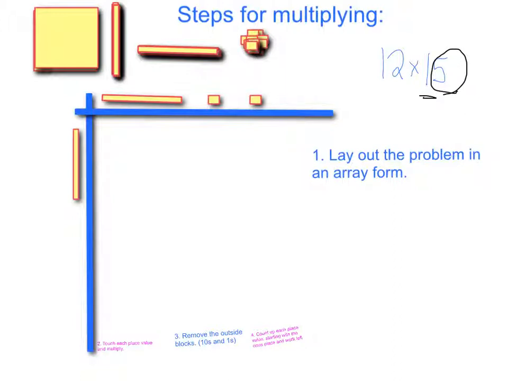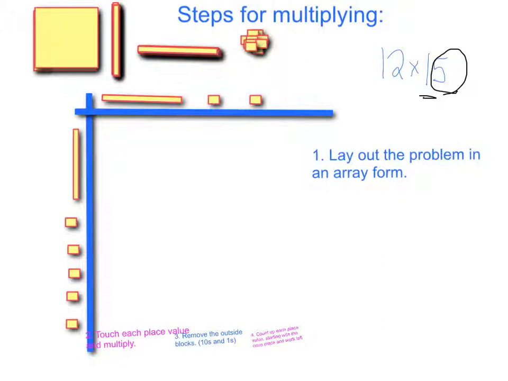So I'm going to put 1 there, 1 there, another 1 there, and again I'm trying really hard to do this neatly so that it's very organized. There's 4 ones and 1 more to give me a total of 5. So now this shows me that I'm all done with my first step. I laid out the problem in an array form.